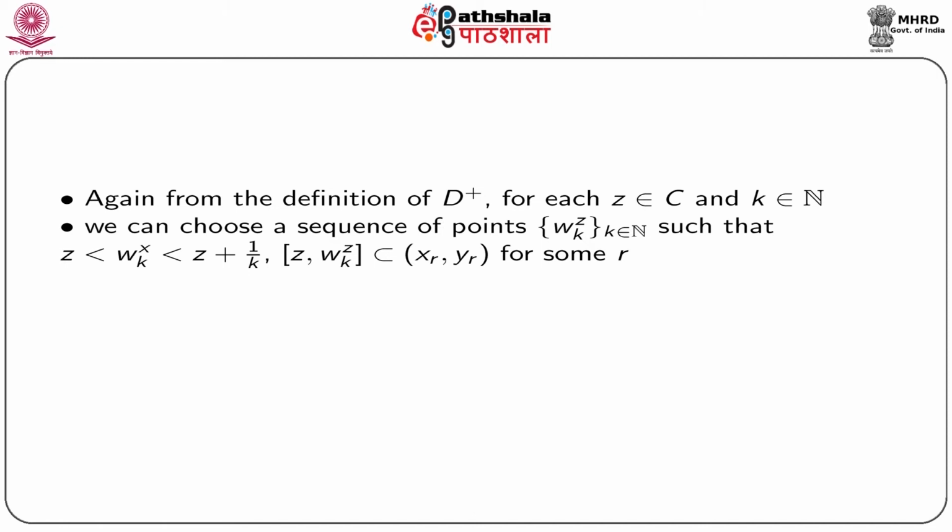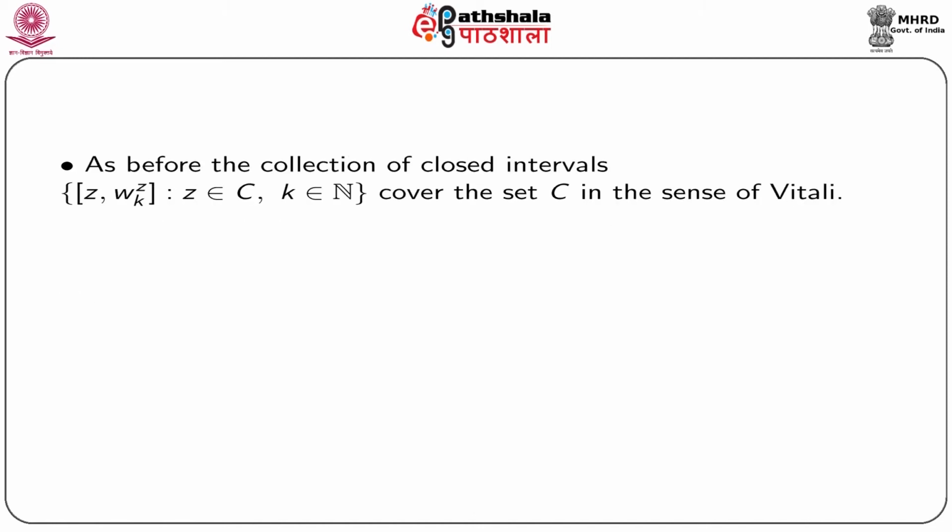We can always choose the interval small enough, because we have the limit property of D plus from the definition. The ratio (f(w_{z,k}) - f(z)) / (w_{z,k} - z) is greater than q0. Again, as before, the collection of closed intervals [z, w_{z,k}], where z runs over C and k belongs to N, covers the set capital C in the sense of Vitali.